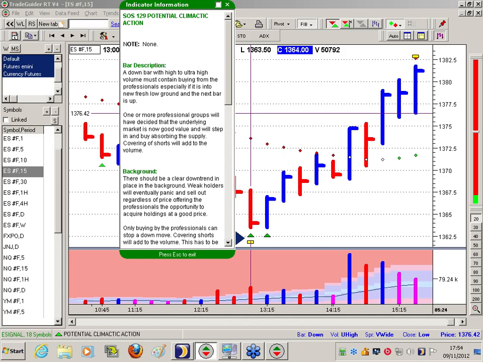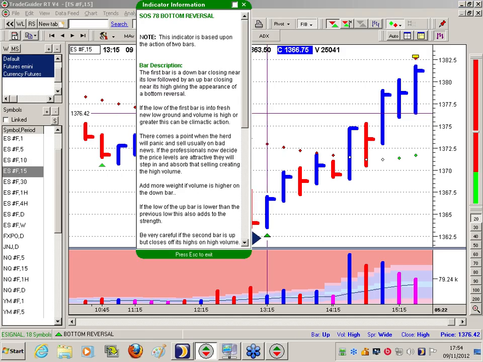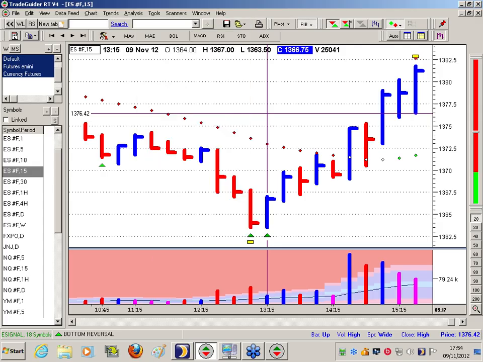Central climactic action. Yeah, and then here, look. Bottom reversal. So all these different time frames, if one chart's not giving you a story that you can read, just turn the page, look at something else. Because you do not trade unless something clear appears.